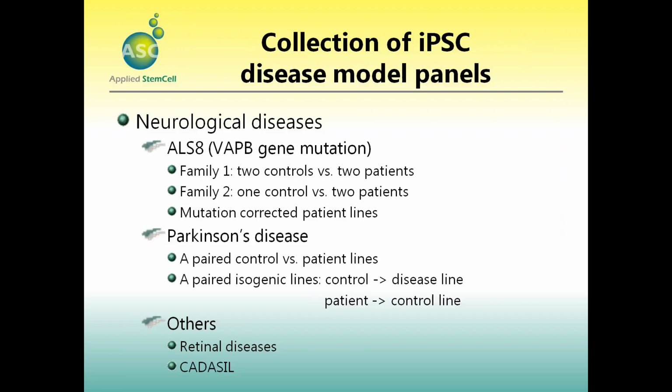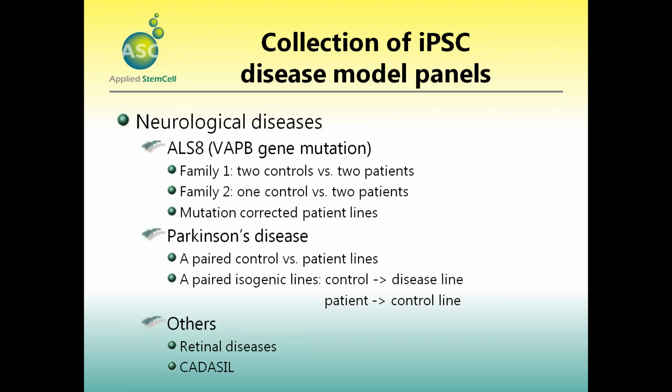So with all these technologies and all this experience, what can we offer you for existing disease models? Like I said, Applied StemCell has been in the stem cell gene editing field for more than 7 years. We have collected several disease panels using iPS cells. We have ALS8 carrying VAPB gene mutation from 2 families.